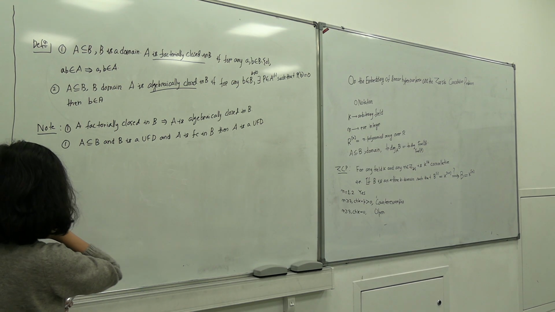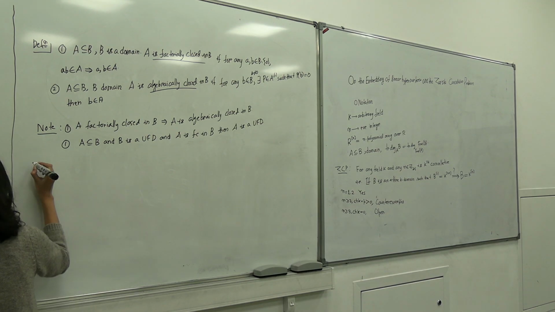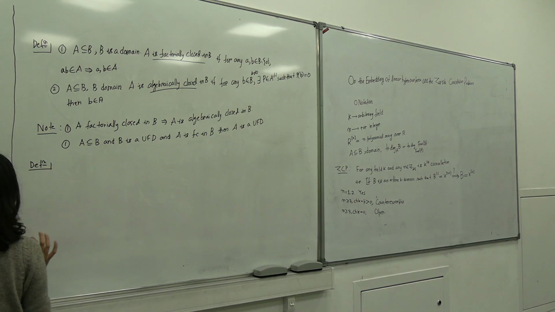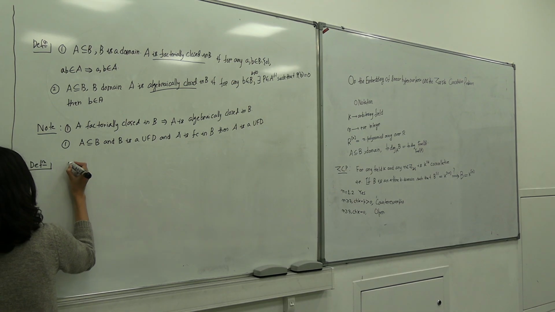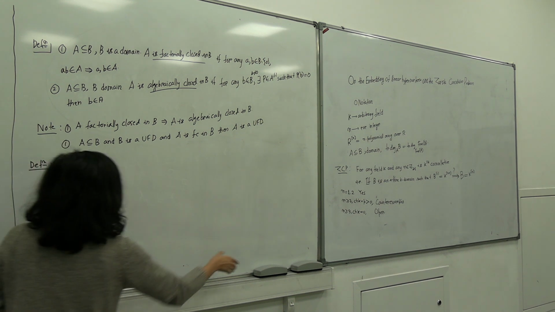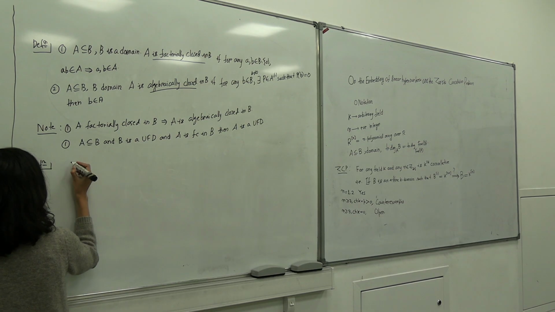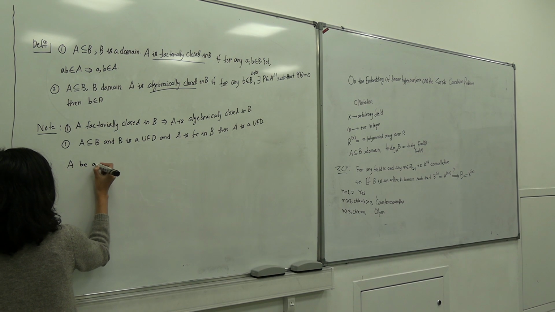Next let us recall the definition of an exponential map. I will write the definition. Let A be an affine K-domain.